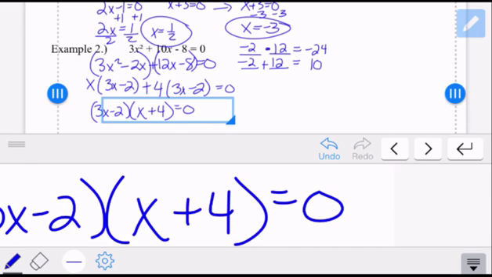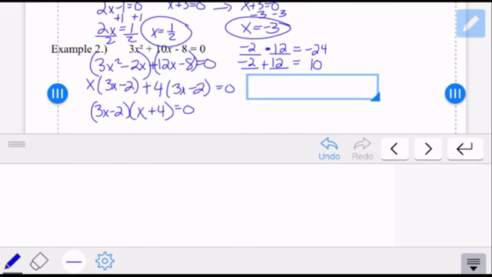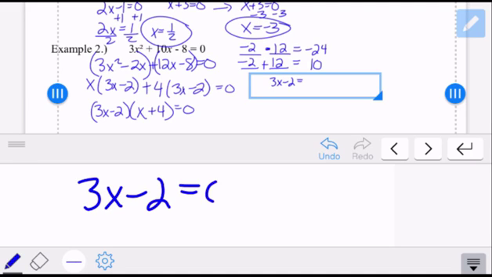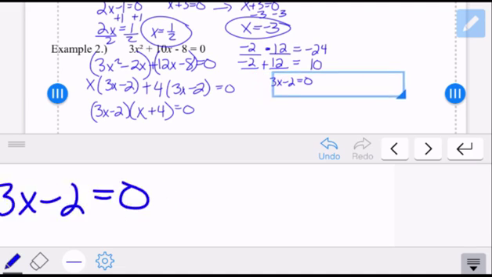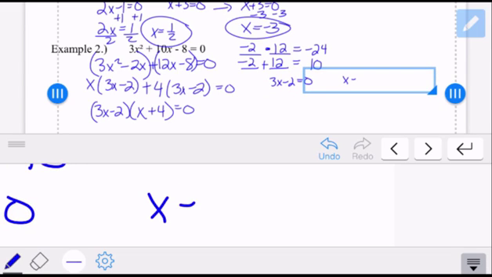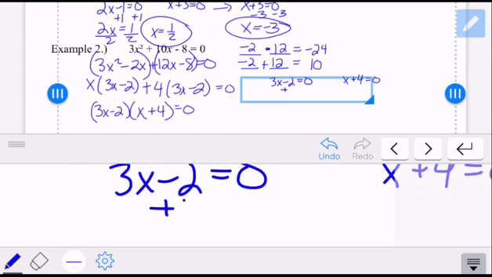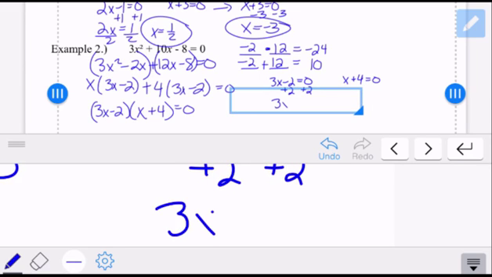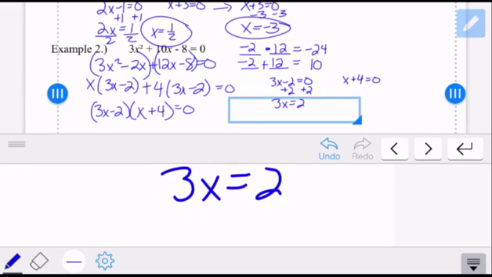And now we have to set each piece equal to 0 and solve. So I'm going to come over here. My first piece was 3x minus 2. So I set that equal to 0. And my second piece is x plus 4. So I set that equal to 0. So our first one, we would have to add that 2 over, giving us 3x equals 2.